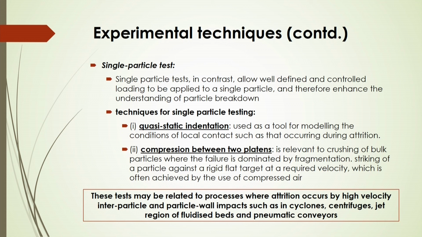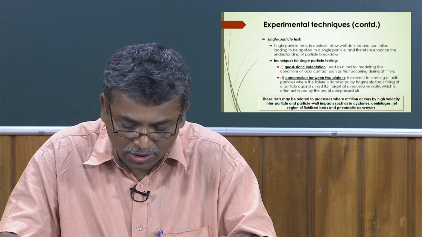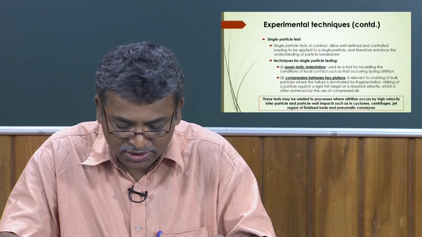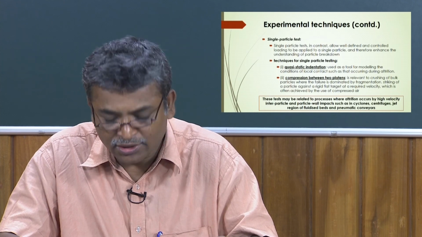So, these tests may be related to processes where attrition occurs by velocity, and interparticle and particle-wall impacts, such as in cyclones or centrifugal devices, and the jet region of fluidized beds and pneumatic conveyors.